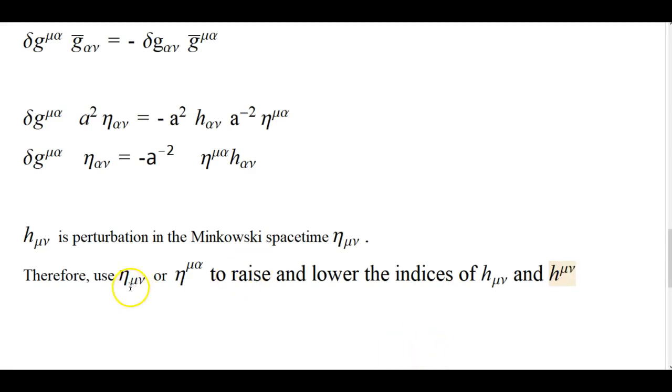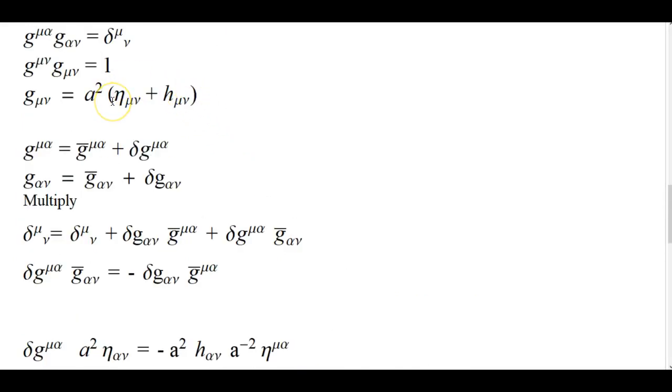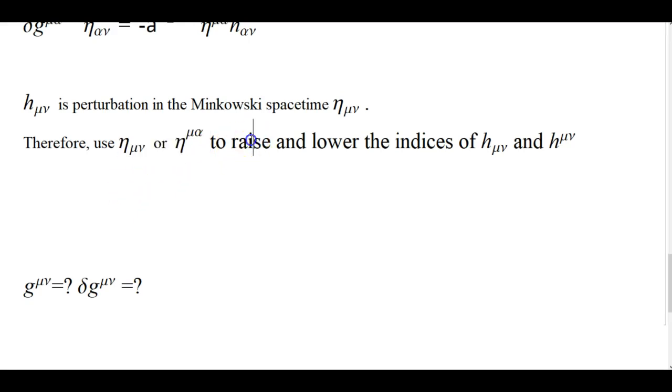So we will use this metric to raise and lower indices of h mu nu, because h mu nu is perturbation to the Minkowski spacetime. It lives on the Minkowski spacetime. Delta g mu nu lives on FRW spacetime.